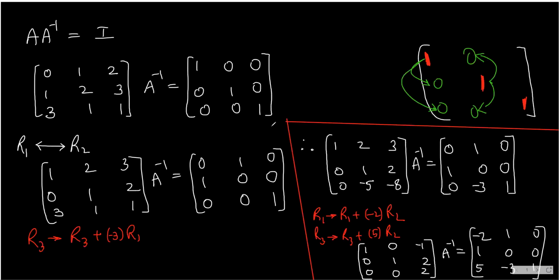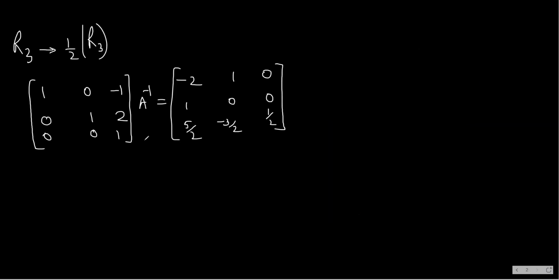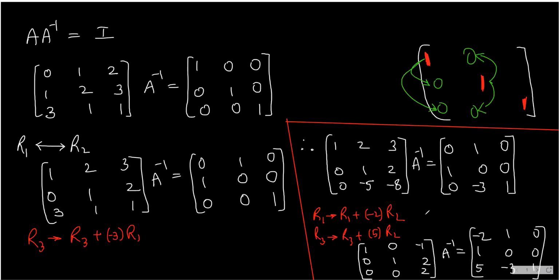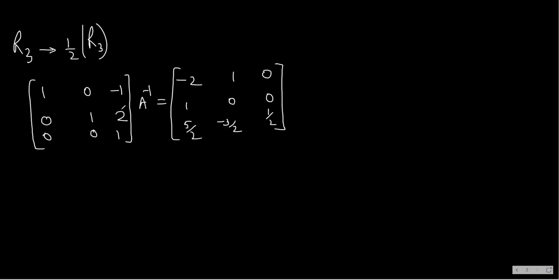So multiplying 1 by 2 in R3, 5 by 2, minus 3 by 2 and 1 by 2. Next. Now what's the next step? The next step is once you get 1 here, now using this one, get 0 and get 0. Okay, so using this one, I'll have to get 0 and 0 here. And the idea is only by addition.